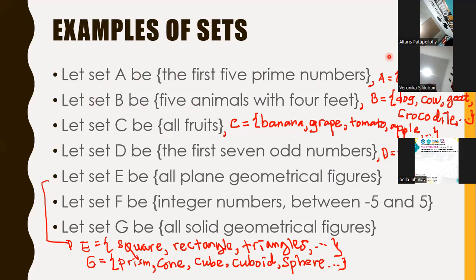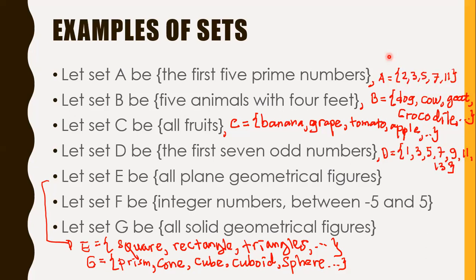Now I ask Veronica Silitubun, please. Baca. Ya, Pak. Let's set E be all plain geometrical figures. Let's set F be integer numbers between -5 and 5.